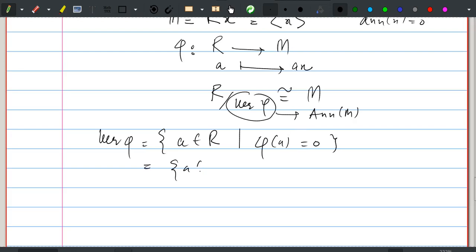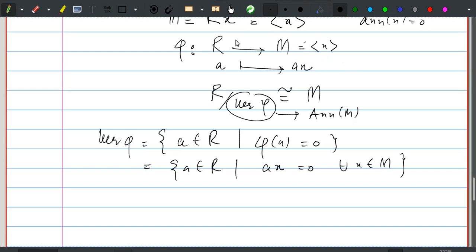That is all those elements in R such that phi of a, which is ax, is equal to 0 for all x in M. So one can note here, this is actually the definition of the annihilator. So this is the annihilator of this element x here, but the annihilator of x is the same as the annihilator of M, as M is generated by x.